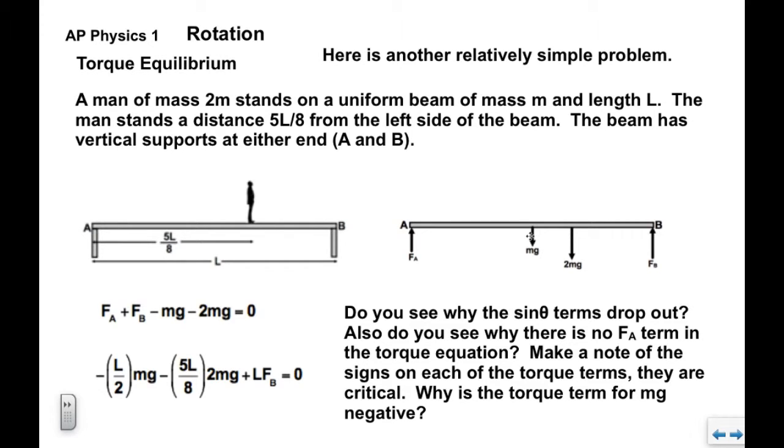We also have the man's mass, 2mg. He's located 5L over 8 away from point A, times the force 2mg and then sine 90. And then we have Fb, which is a distance L away from point A, times Fb. That's positive torque because it makes the beam want to rotate in a counterclockwise fashion.